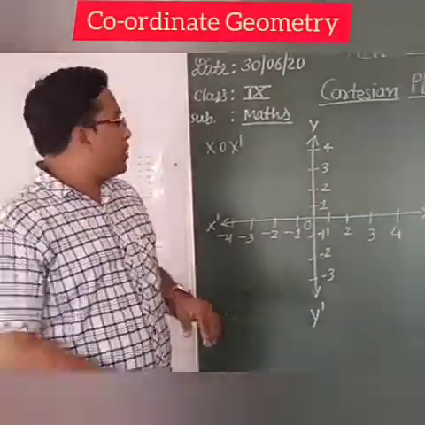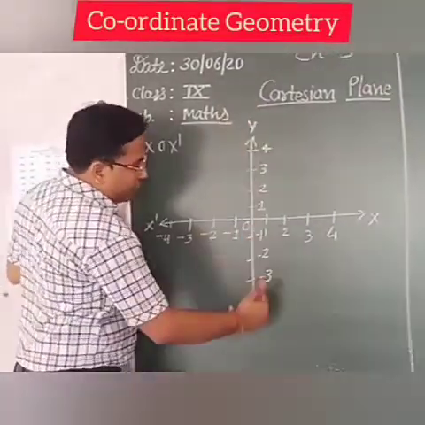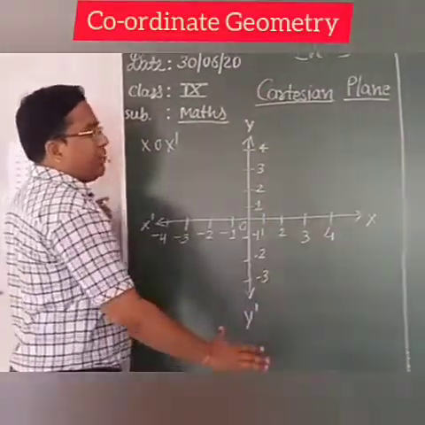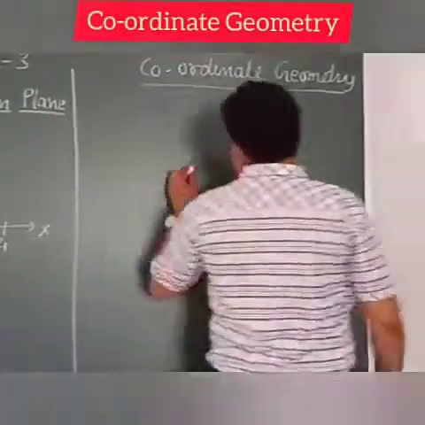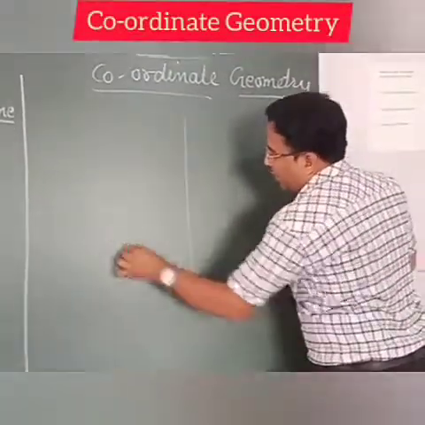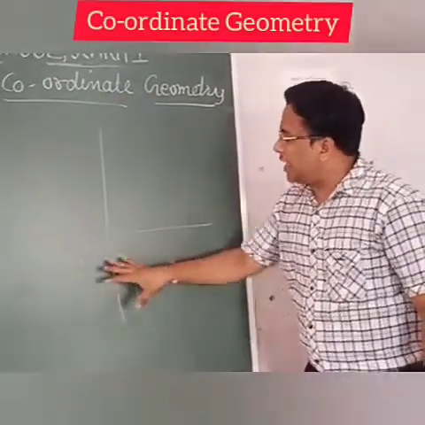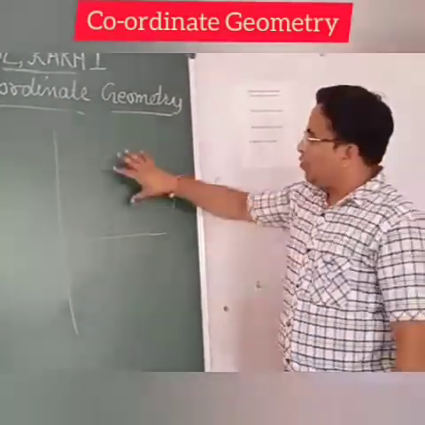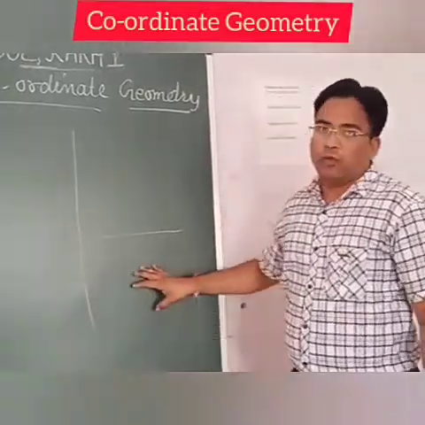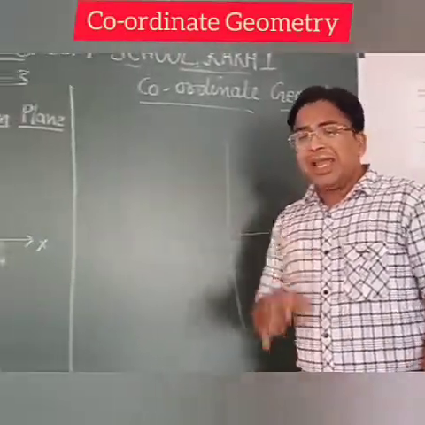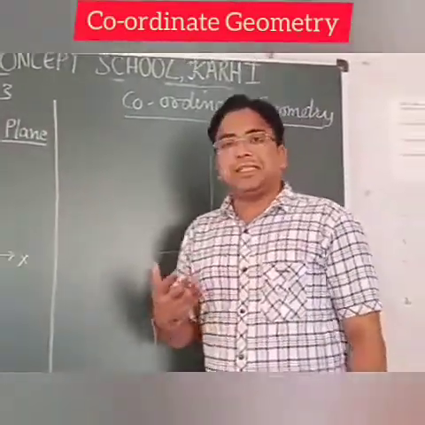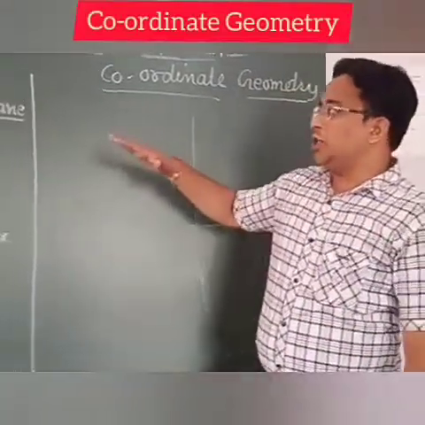When we draw a horizontal line and a vertical line on any plane figure, suppose I draw here also, this is a plane figure. If I draw these two lines, you see this plane figure has been divided into 4 parts: first, second, third and fourth. As I told you, today we will just get the information about the Cartesian plane.